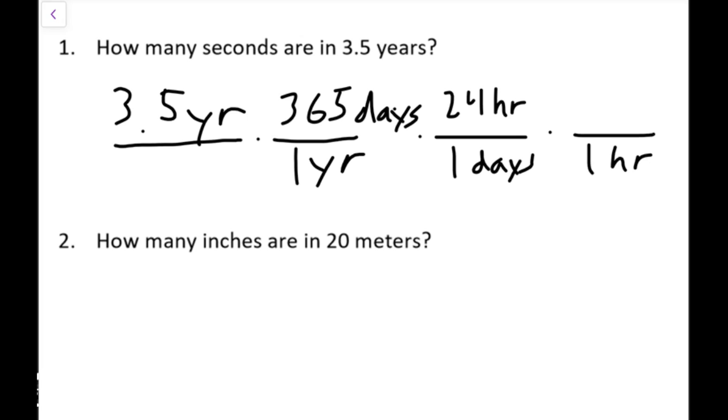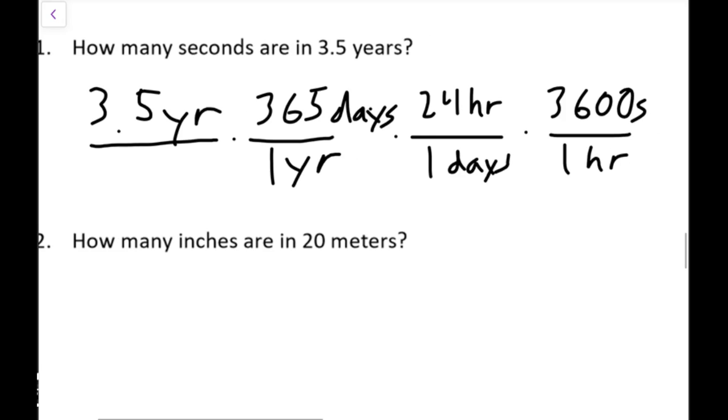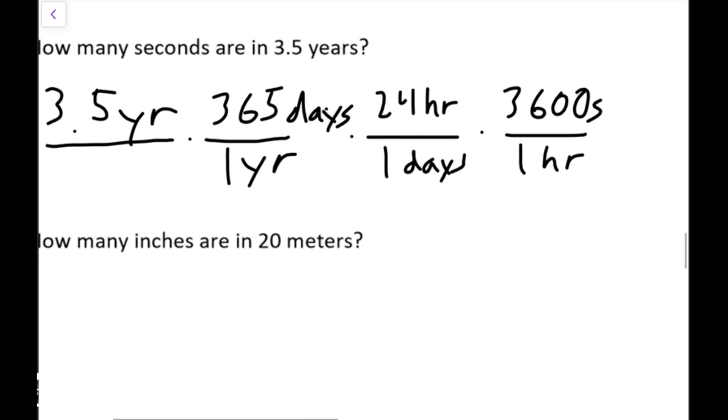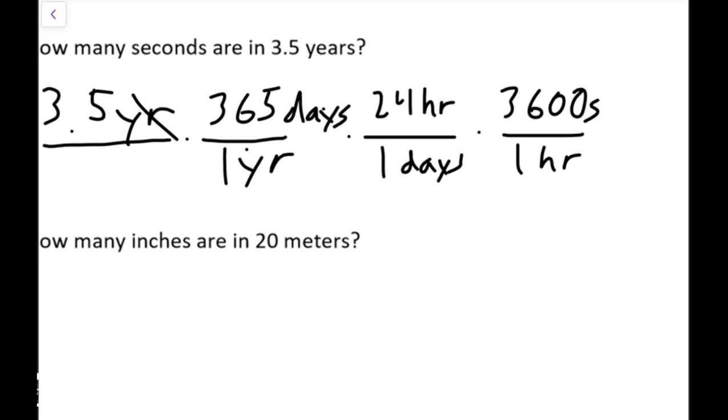Cancel that out. And 3,600 seconds, 60 times 60, 60 minutes in an hour, 60 seconds in a minute. That's how I came up with that number, 3,600. Multiply across the top, divide by 1s across the bottom. And if you look at what happens with the units here, the years cancel with the years, the days cancel with the days, and the hours cancel with the hours.